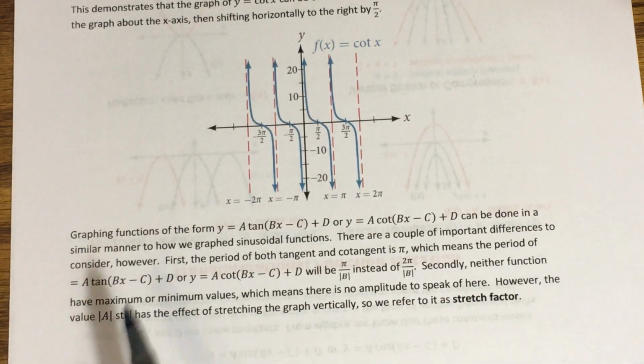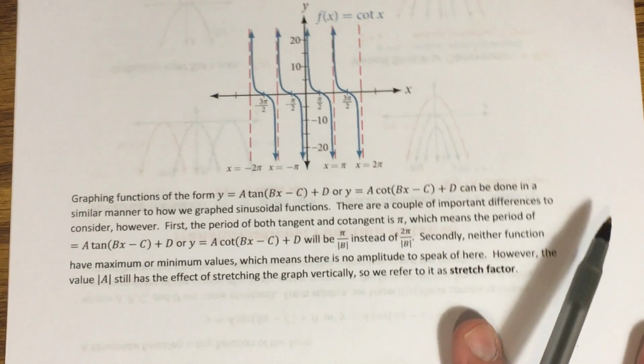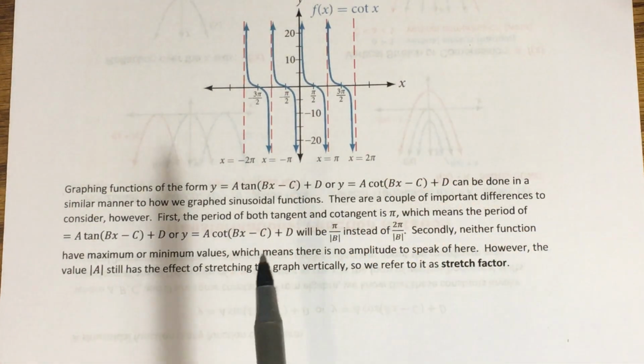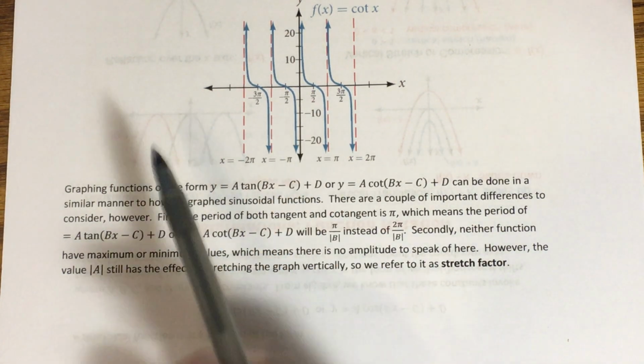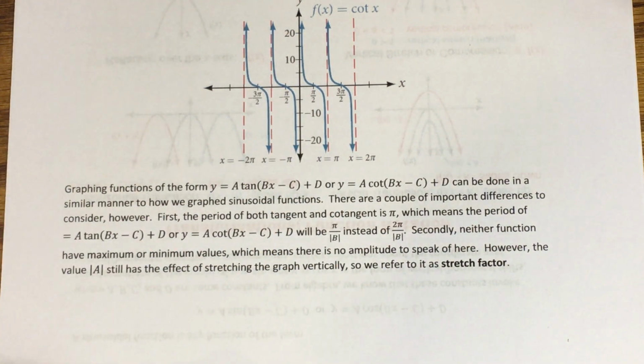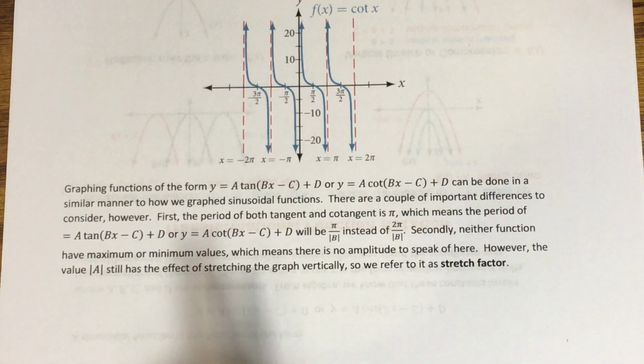However, a still does essentially the same thing that it does to a sine or a cosine function, which is it stretches it vertically. That's what causes the change in amplitude for a sinusoidal function in the first place, is a vertical stretch. These guys can be vertically stretched as well. So instead of calling that amplitude, we still use the absolute value of a, but we call it stretch factor. Okay?